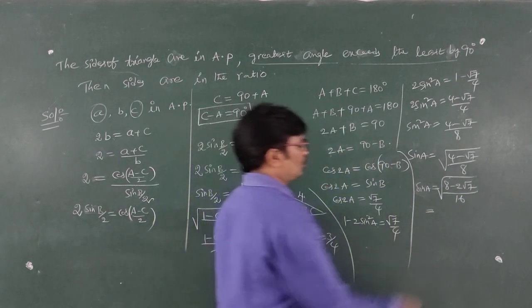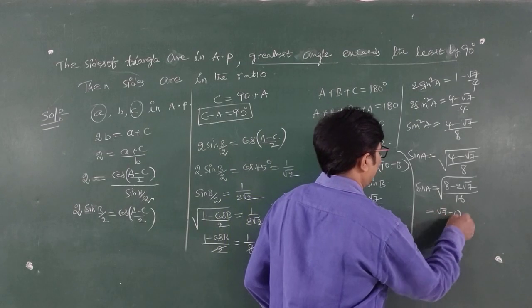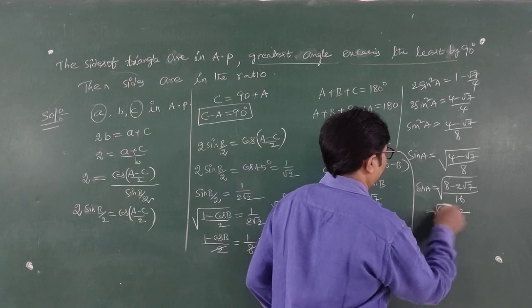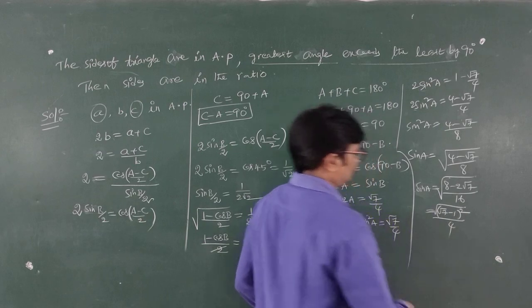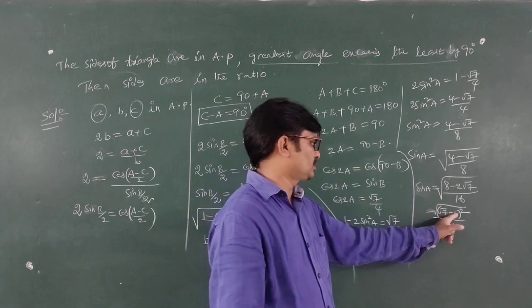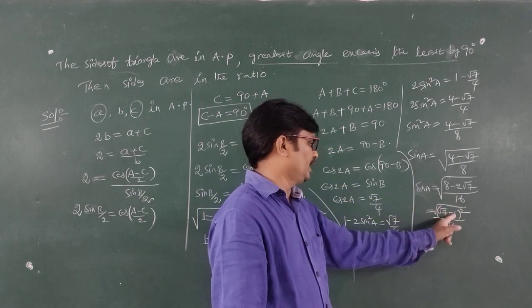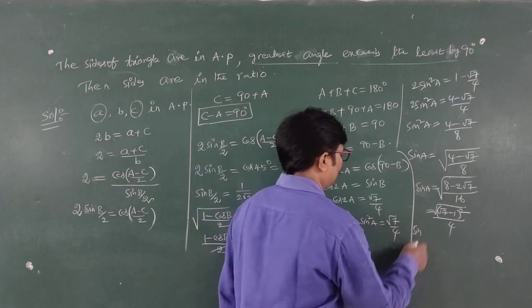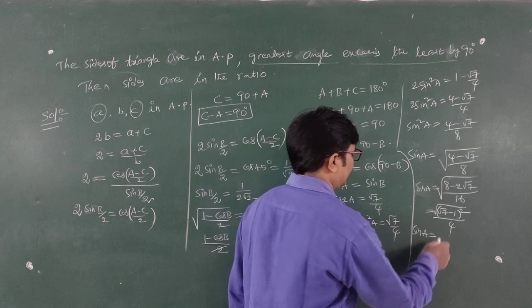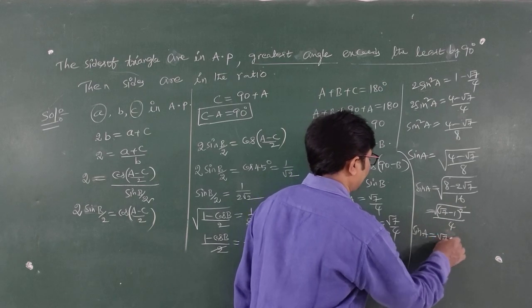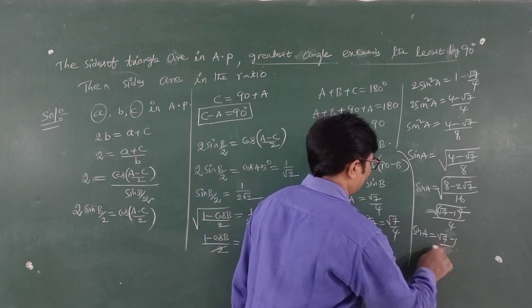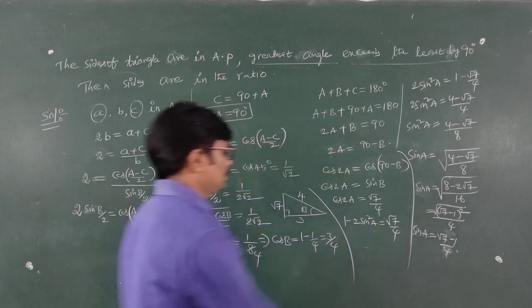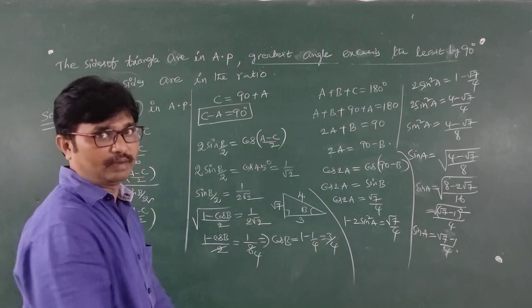It is (root 7 minus 1) whole square by 4. Is it clear? A square plus B square is 8, and 2AB is 2 root 7. So right now we got sin A is (root 7 minus 1) by 4.